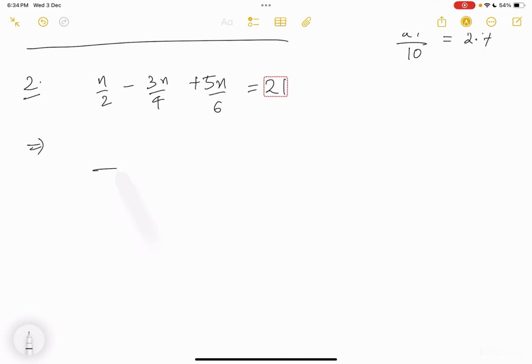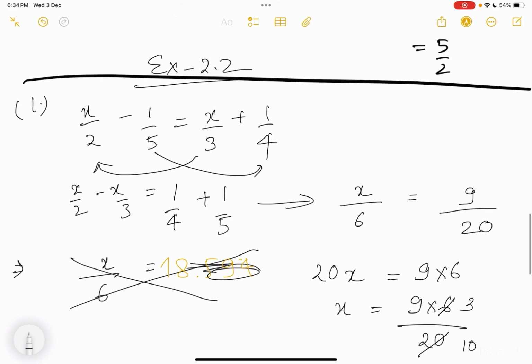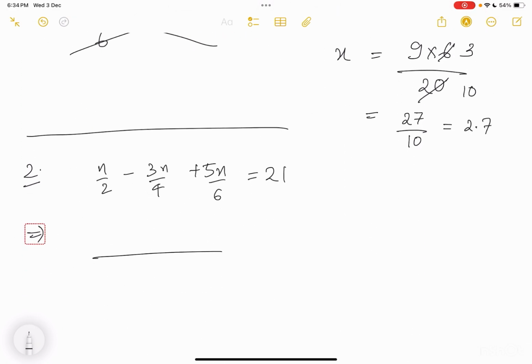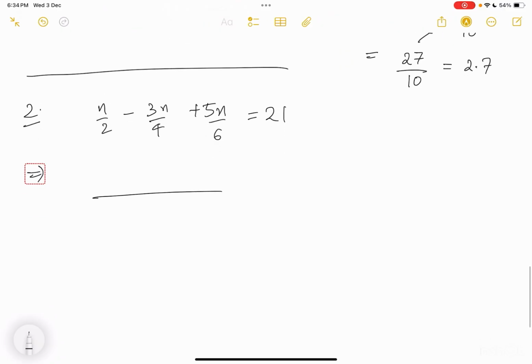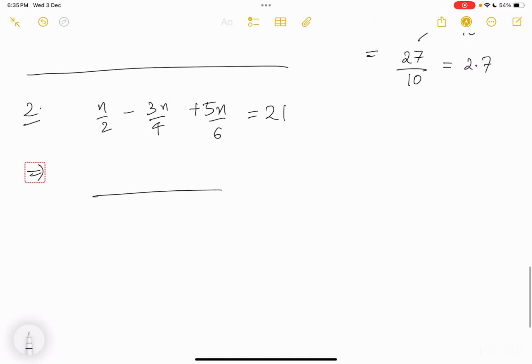In all these equations you are having fraction terms, and the only thing is how we solve fractions: you take the LCM, that's all you have to do. They have given a little bit complicated things, you just need to simplify them, and then you need to do the same thing as we have done in the previous video. It's just that they have made the equations a little bit complicated, right?